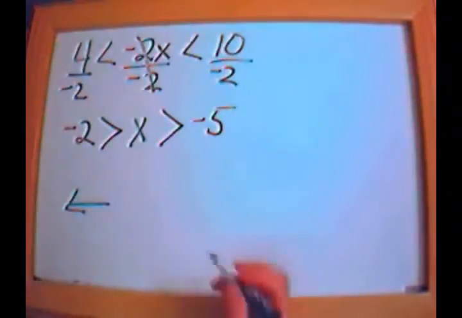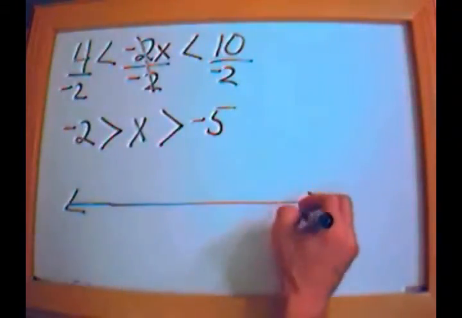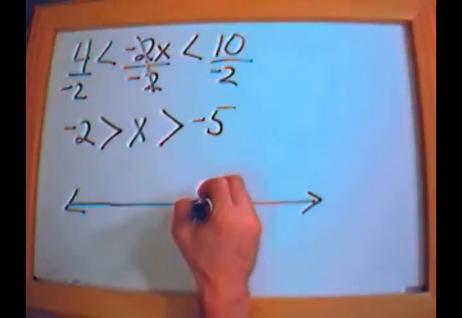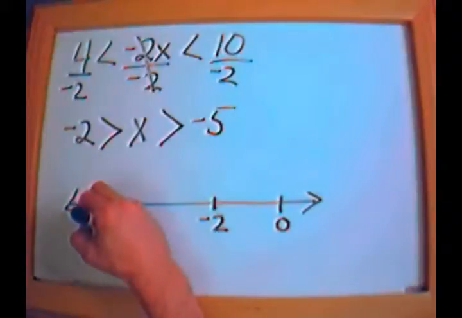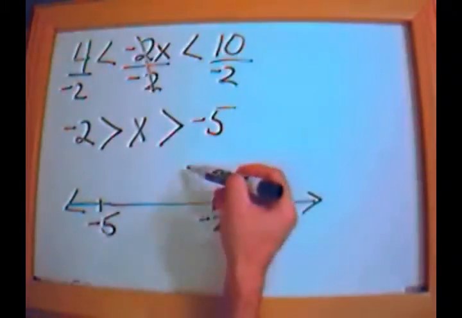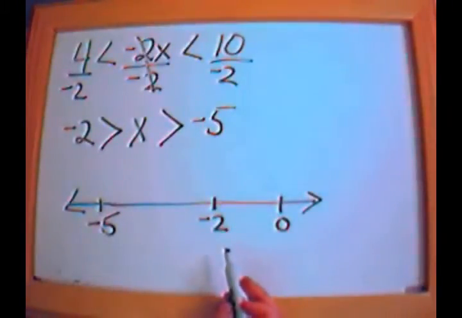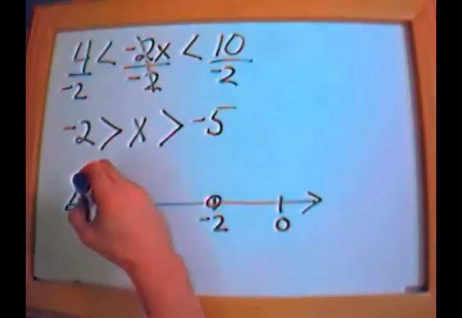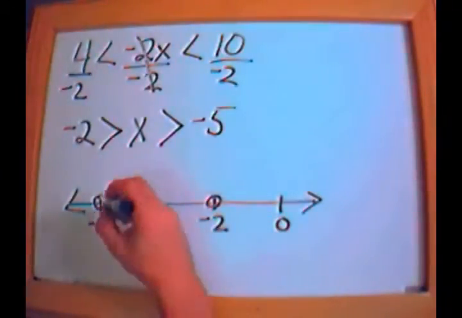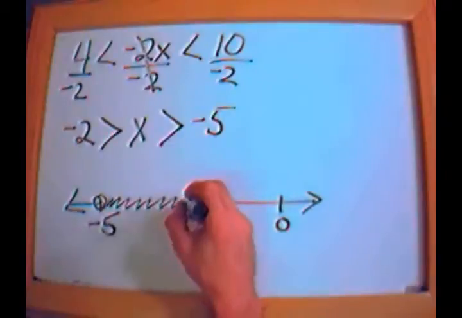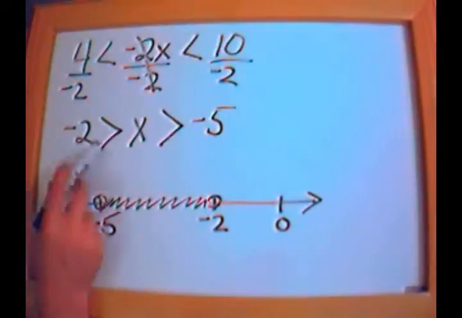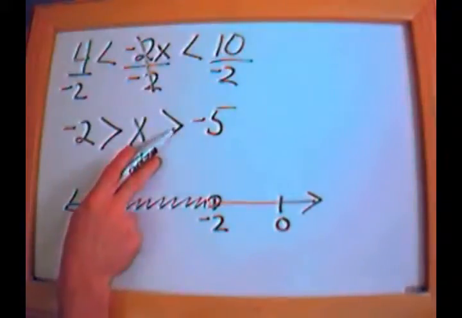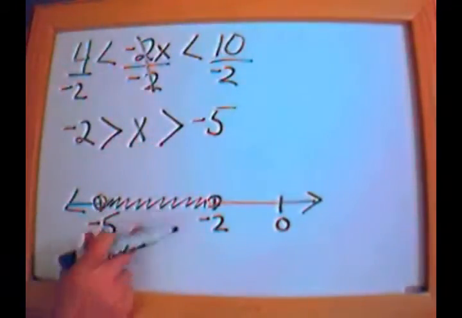And that's kind of confusing to understand until you draw it. Let's say this is 0, and this is minus 2, and this is minus 5, because we're getting increasingly negative as we go this way. Then I have an empty circle here and an empty circle here, and this will be the set of numbers between. x will be less than negative 2, but greater than negative 5, so it's the set of numbers between there.